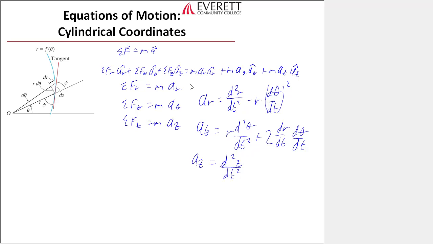So to do that, we can set up a coordinate system as you see here. If you have a path, do you see the blue line? Blue line is the path. I'm going to put a particle right here, and it's going to move from there to here.